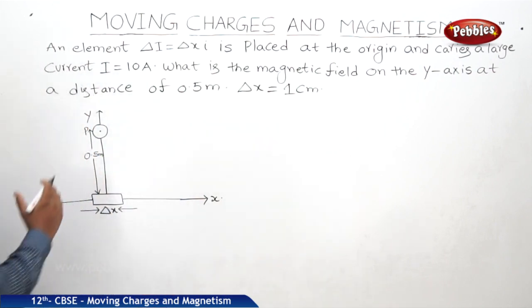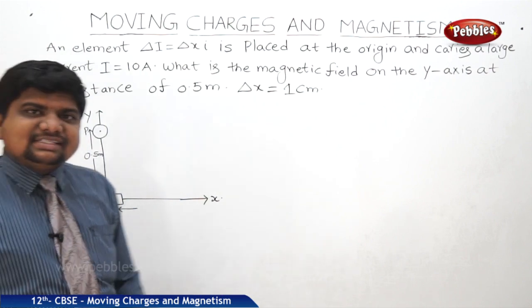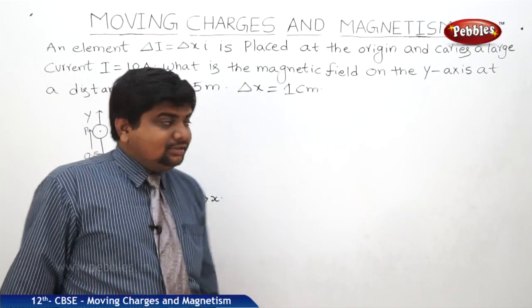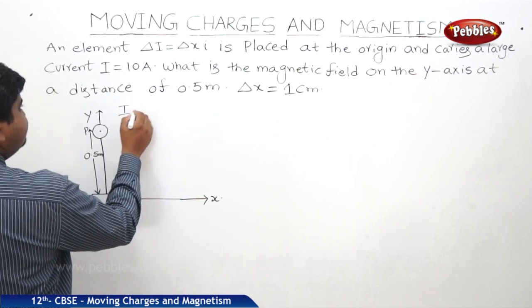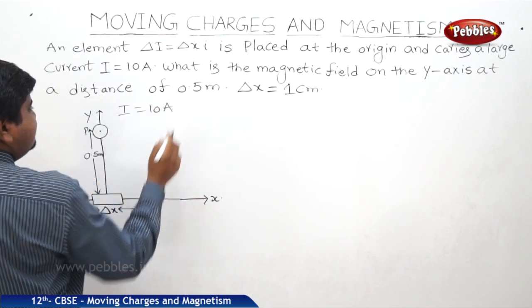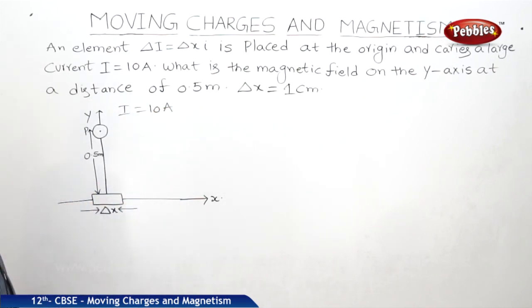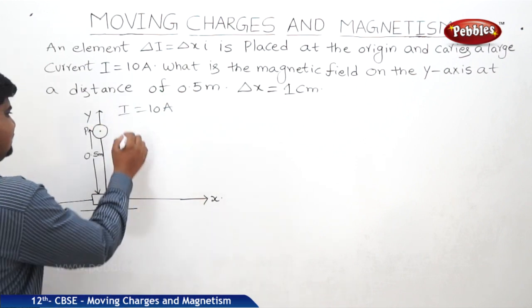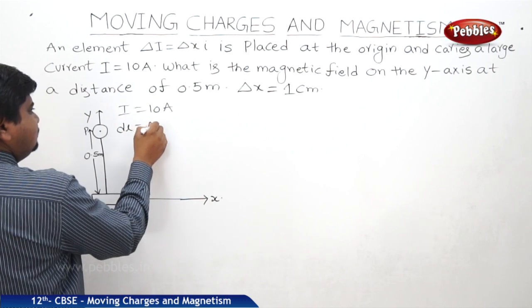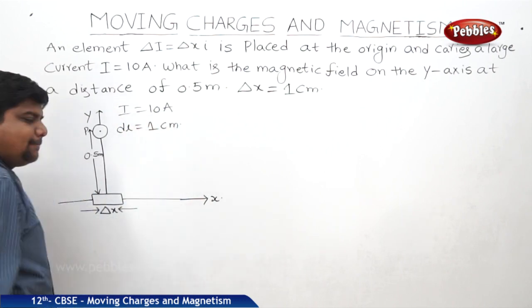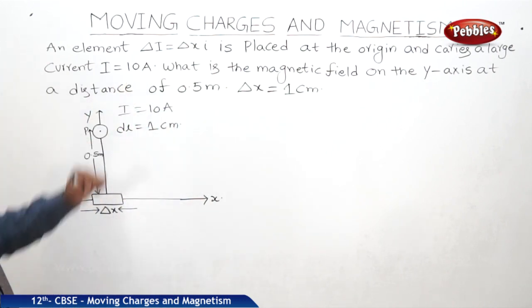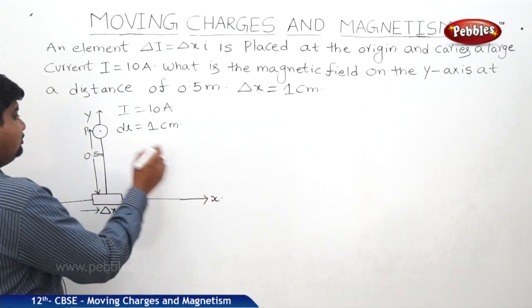So we should apply Biot-Savart's law in this case, where Biot-Savart's law is I dl sin theta by r square. So what is I? 10 amperes. dl, a small element of length, 1 centimeter. r, the distance, is 0.5 meters.